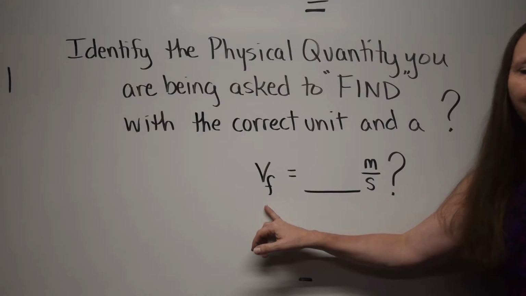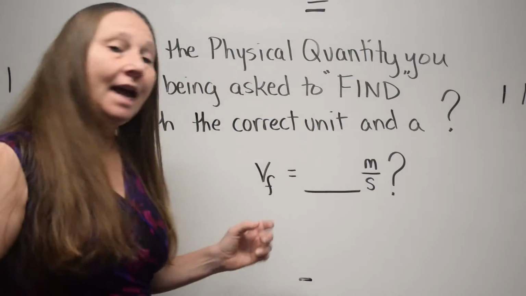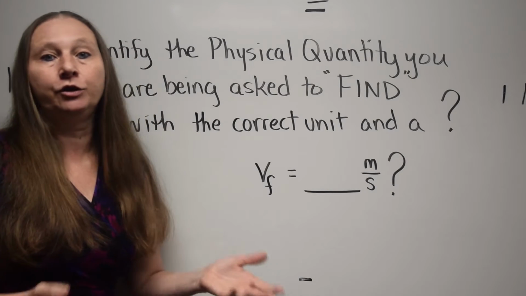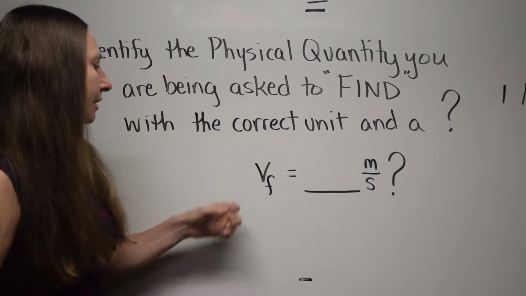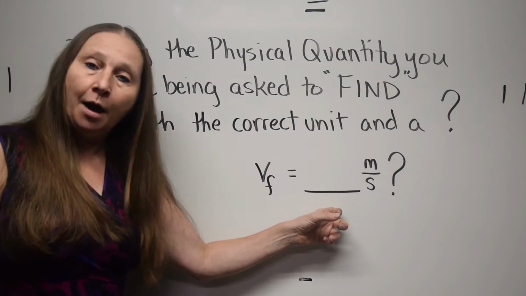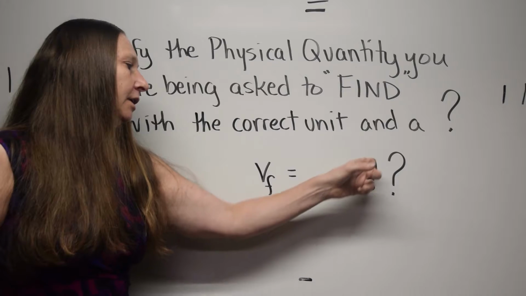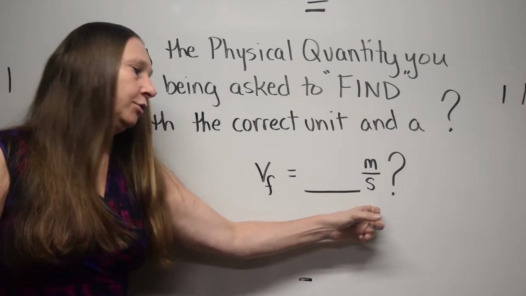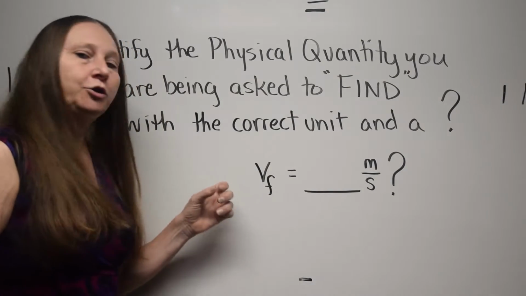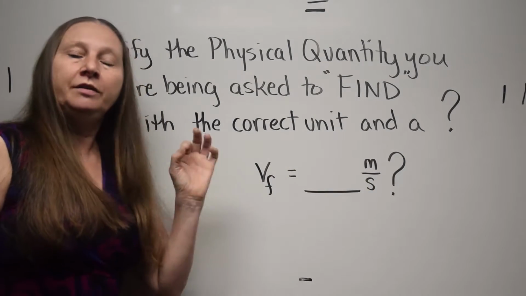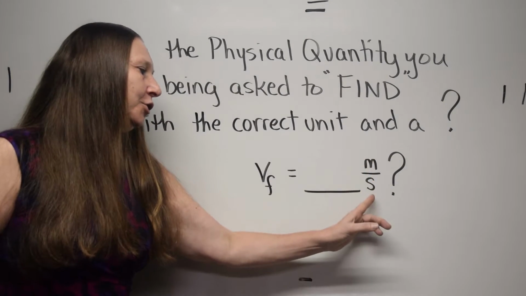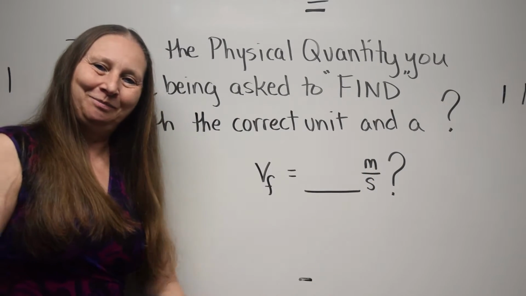So for example, if the question says, calculate the final velocity, or what is the final velocity of the dog, the truck, the airplane, v final equals, this is where you'll put the number when you get the final answer. Meters per second is the correct unit for final velocity, and there's your question mark. So you know that you're trying to find the final velocity when you see the unit and the question mark.